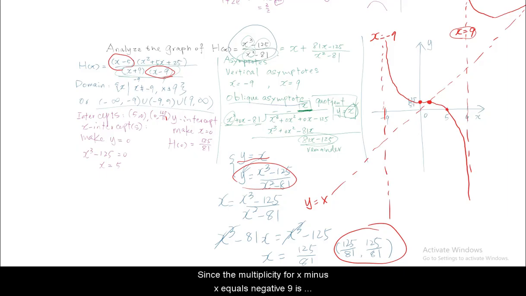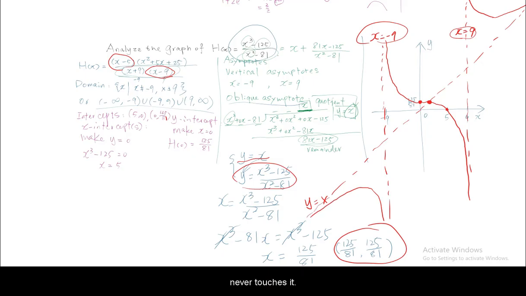Since the multiplicity for x equals negative 9 is also odd, also equal to 1, since the right side is going up, the left side will go down. And similarly, we'll get closer and closer to y equals x, but never touch it. So this is basically how our graph looks for this function h.